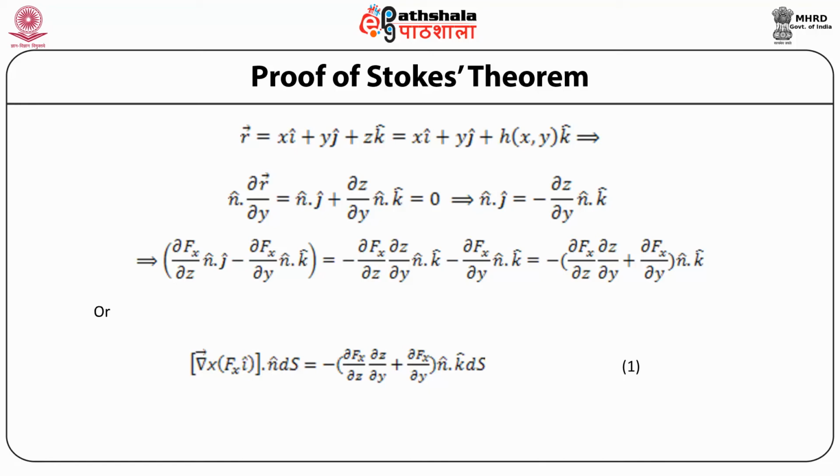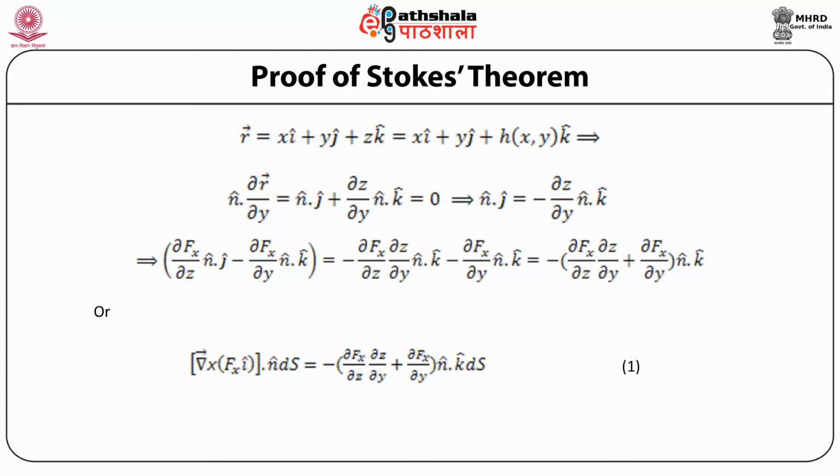So this implies that n cap dot j cap equals minus ∂z/∂y into n cap dot k cap, which implies that ∂Fx/∂z n cap dot j cap minus ∂Fx/∂y n cap dot k cap equals minus ∂Fx/∂z into ∂z/∂y n cap dot k cap minus ∂Fx/∂y n cap dot k cap, equals minus of (∂Fx/∂z into ∂z/∂y plus ∂Fx/∂y) whole into n cap dot k cap.